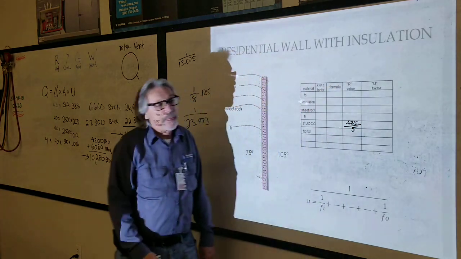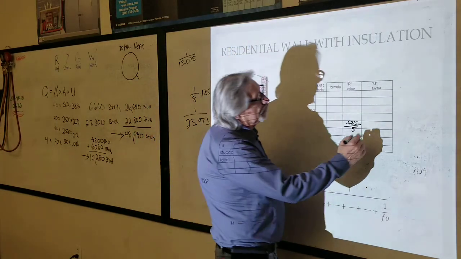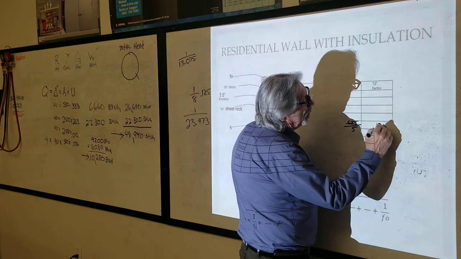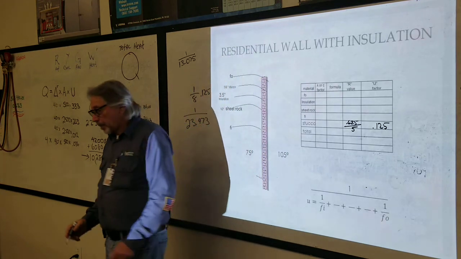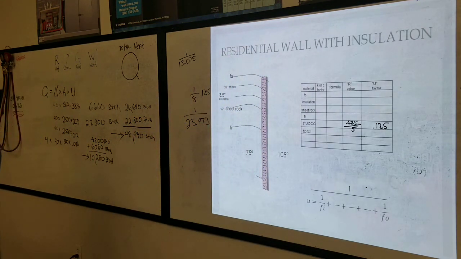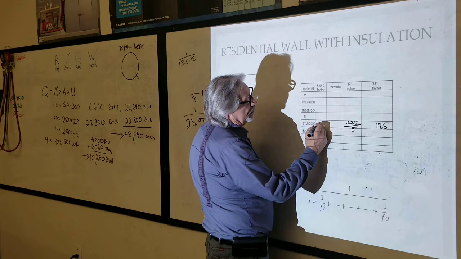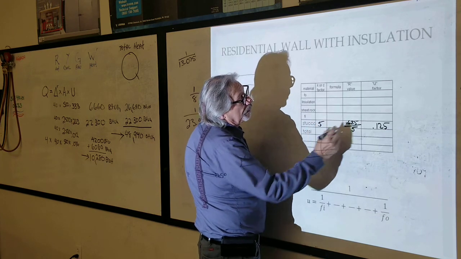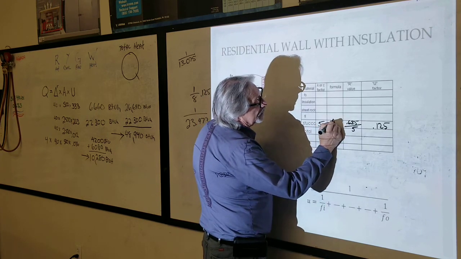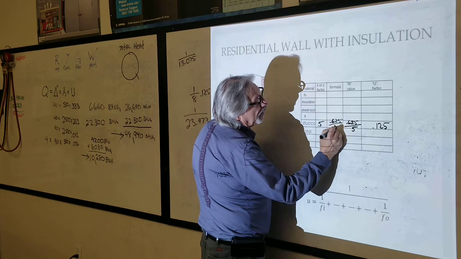Yeah, 0.125. 0.625 from where? 5 divided by 8, okay, so that's the formula, right? On the stucco? The stucco is 5. Oh, no, I put that wrong. 0.625 over 5.